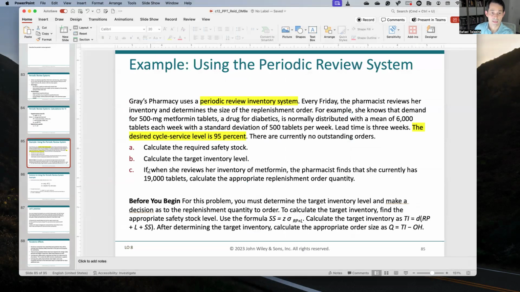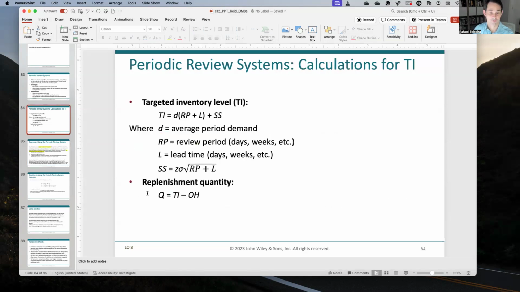What else? If, when she reviews her inventory, the pharmacist finds that she currently has 19,000 tablets, what's the quantity to order? The quantity to order is the difference between the target inventory and what they have on hand.